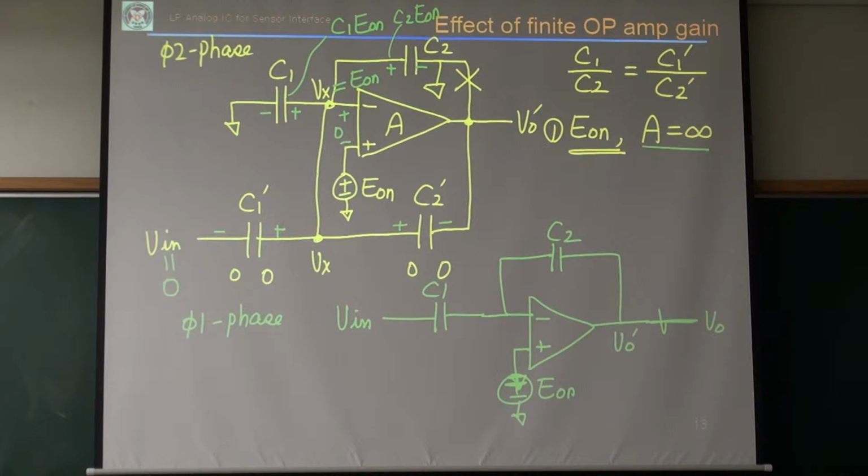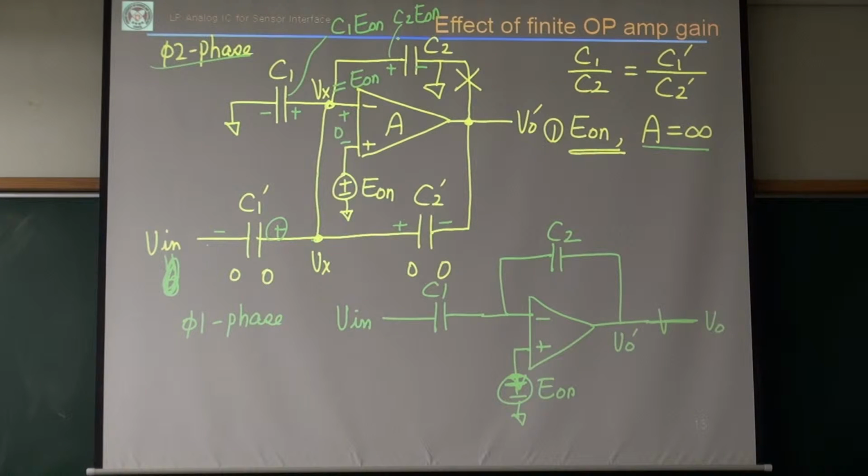Because A is infinite, it doesn't matter. C1 charge will be, during phi2 phase, C1 prime will be charged to Eon minus Vin. This charge will be charged to Eon minus Vo prime or something. Okay, but anyway, C1, C2 will be charged to this Eon voltage.